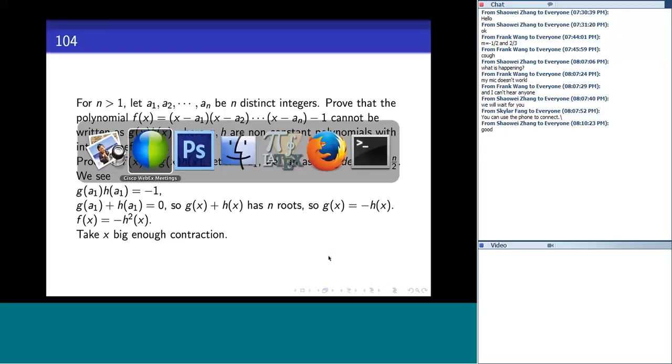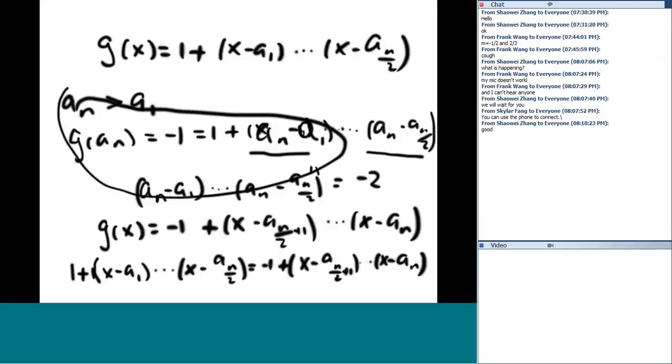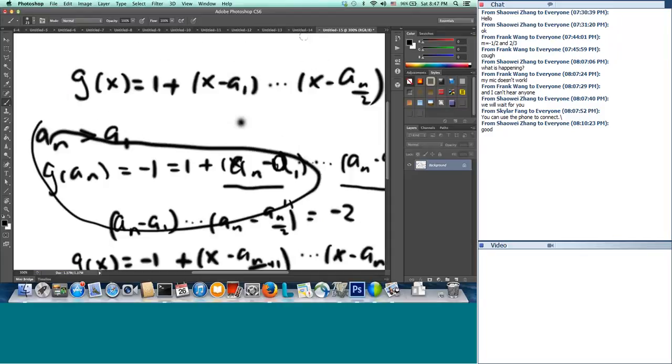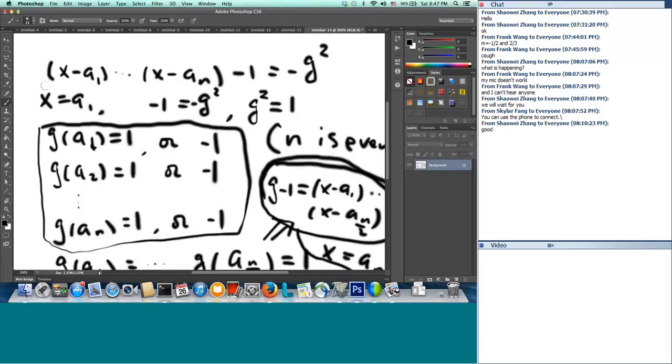My computer is kind of frozen. I will need to restart it in a second. So here again, this line. We take x big enough, then the left side is positive.